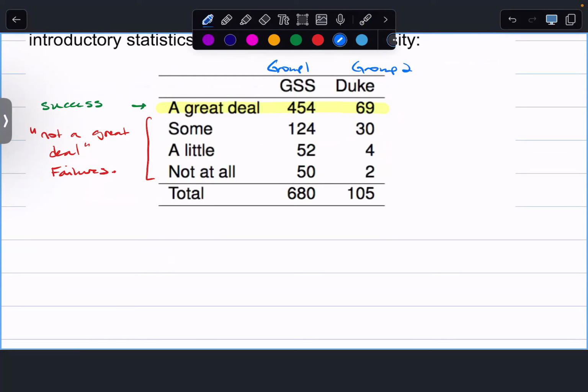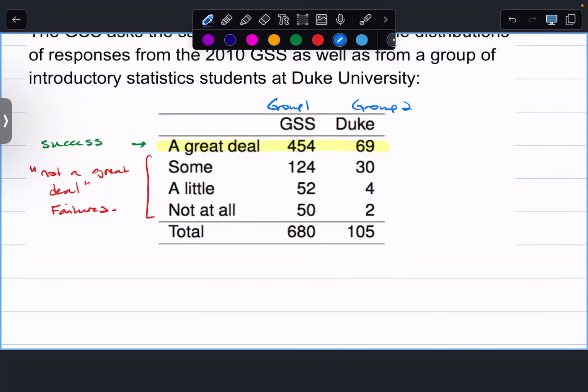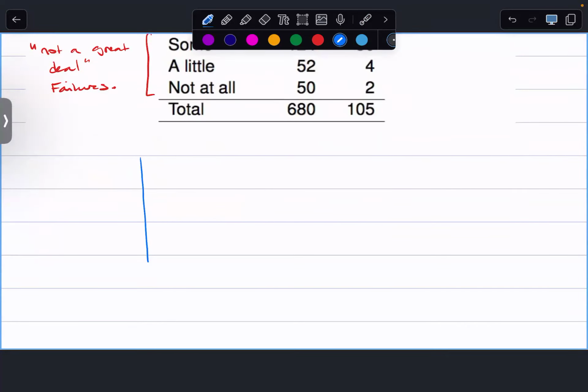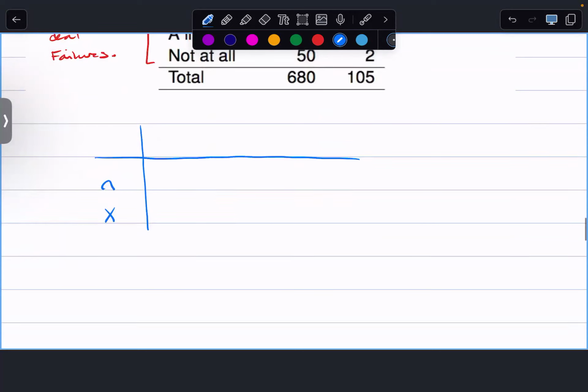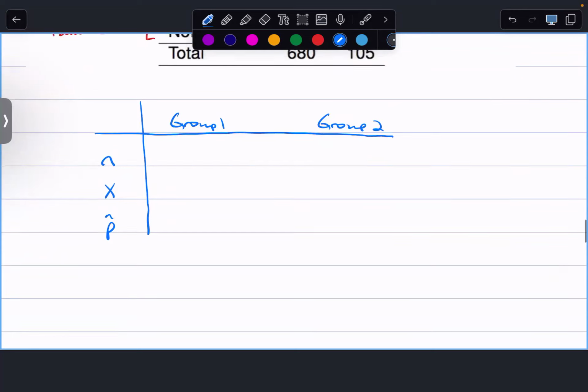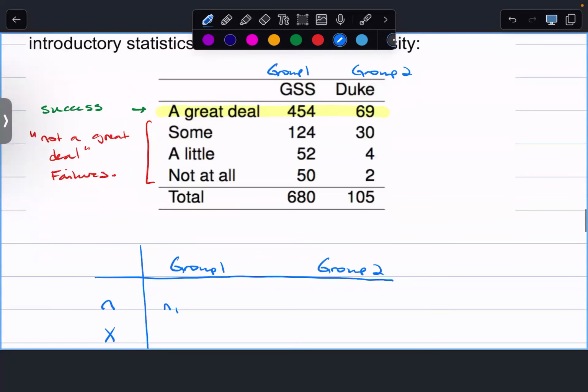Okay, I'll use this guy. So we had that information that we needed from before. We said we're going to need n, we're going to need x, and we're going to need p hat for each group. Group 1, group 2. N1 has a sample size of 680.